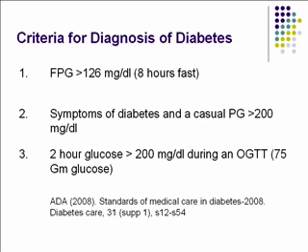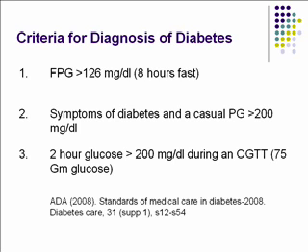So here's your criteria for the diagnosis of diabetes. A fasting plasma glucose of greater than 126 milligrams per deciliter. This follows an 8-hour fast. Symptoms of diabetes and a casual plasma glucose of greater than 200 milligrams per deciliter is also considered diagnostic. So this patient comes in telling you that they have excessive thirst, excessive hunger, so on and so forth.